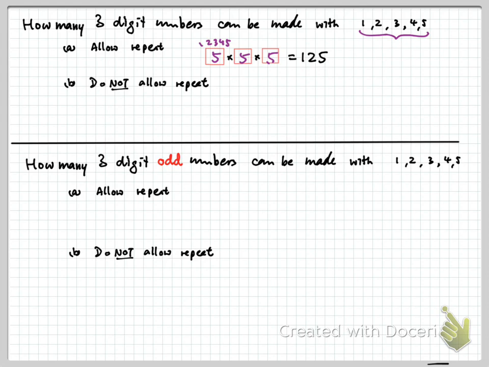On the other hand, if you do not allow repeat, what does that mean? That means you pick 3 digits out of the 5 and line them up. The order is important, because for 3-digit numbers, 2, 3, 1 is not the same as 1, 3, 2. It is a permutation question.